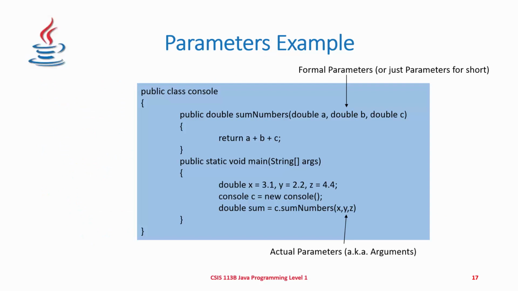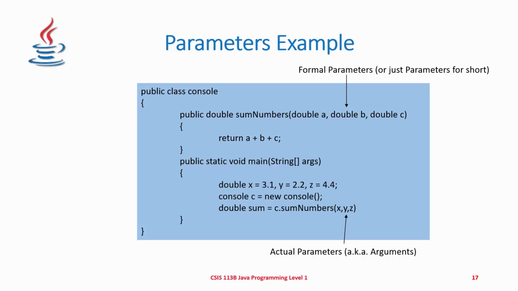So here is a parameters example. You can see the formal parameters being created at the declaration point of our sum numbers method here. So we've got a lot going on. Let's go through it. So we're inside of a class called console. We're declaring a method that's called sum numbers.